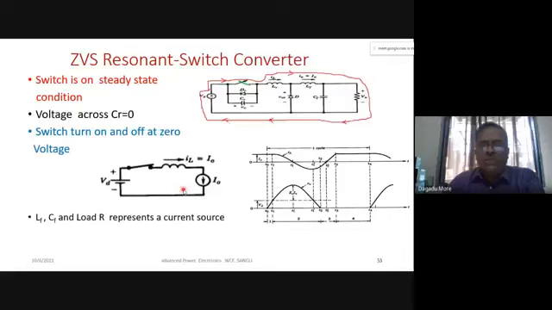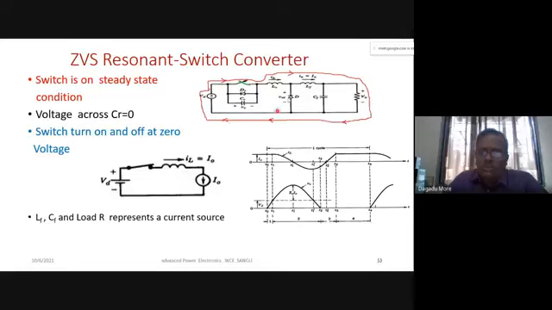Here we have not shown the diode in the equivalent circuit because it is not taking part. When the switch is on, the diode D is reverse biased, so it will be turned off. Normally whenever the switch is on, the diode is off.